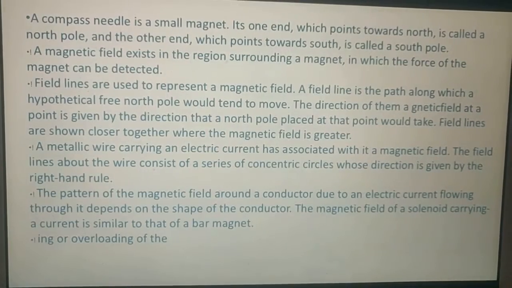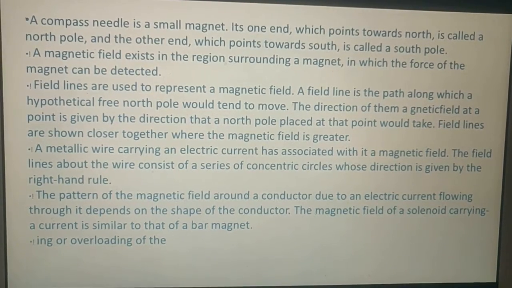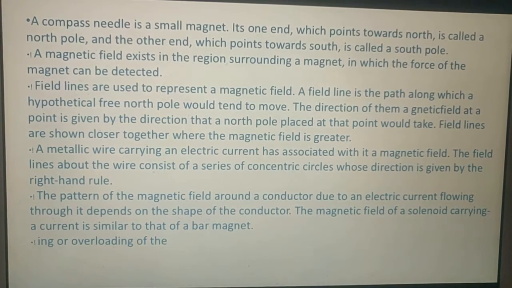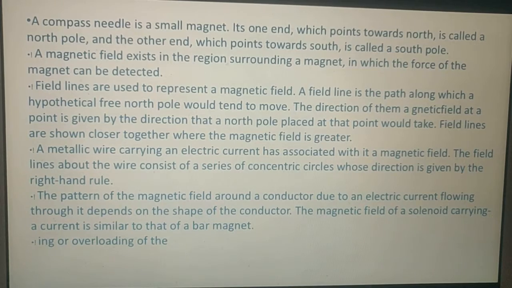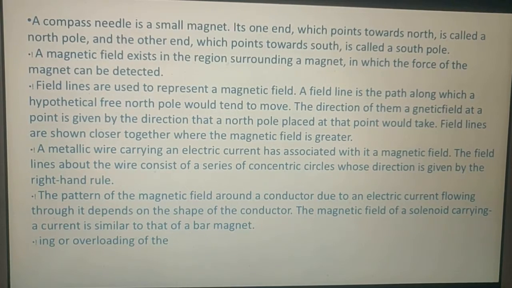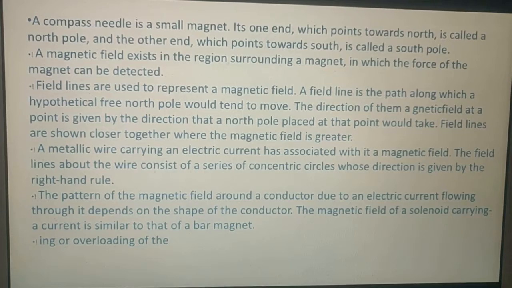Now, a compass needle is a small magnet. Its end which points towards north is called the North Pole, and the other end which points towards south is called the South Pole. A magnetic field exists in the region surrounding a magnet, in which the force of the magnet can be detected.